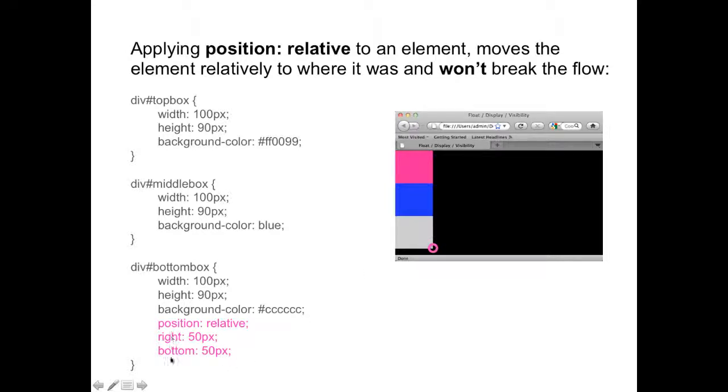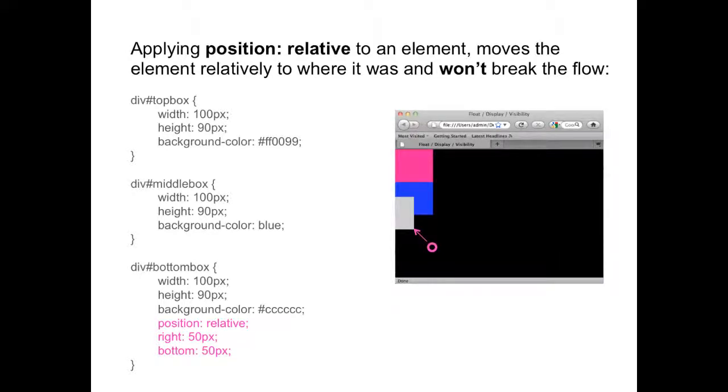Had this been top left, the gray box would have moved as of the top left corner point. But since we are applying the right and bottom properties, the gray box will move as of the bottom right corner. And so it moves 50 pixels to the top and 50 pixels to the left.